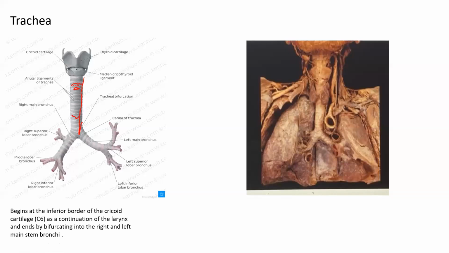So yes, this is a picture of a real human cadaver, and as you can see the lungs, the trachea, and the great vessels like the aorta and the pulmonary artery are dissected out to make the region clear, and also the heart.